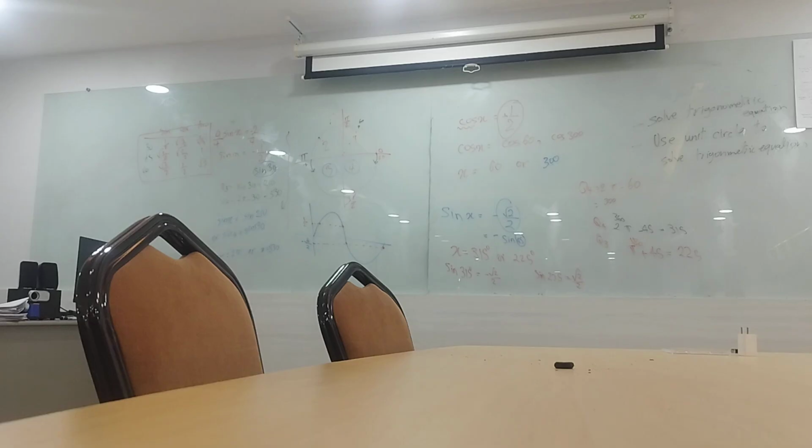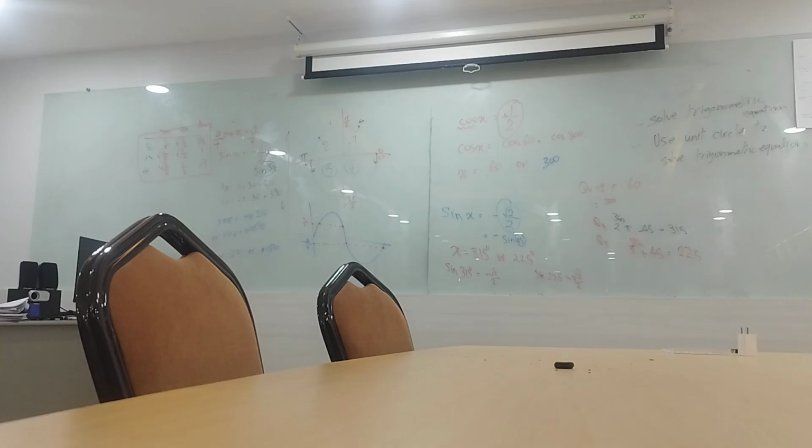We cancel only when it's a factor. For cosine, I cannot cancel. Usually when you solve the equation, can you cancel x? No, we can minus it. We cannot cancel them with division, because sometimes we will have an answer at zero, so we cannot cancel.